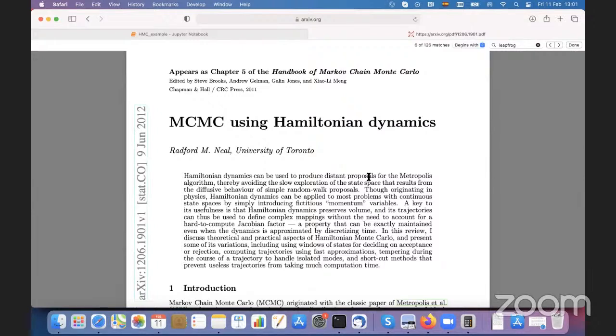It is probably the paper which made the procedure famous in the machine learning community, and he imported it from the lattice QCD community. So it is interesting to see that the state of the art of Monte Carlo studies in machine learning comes from physics.